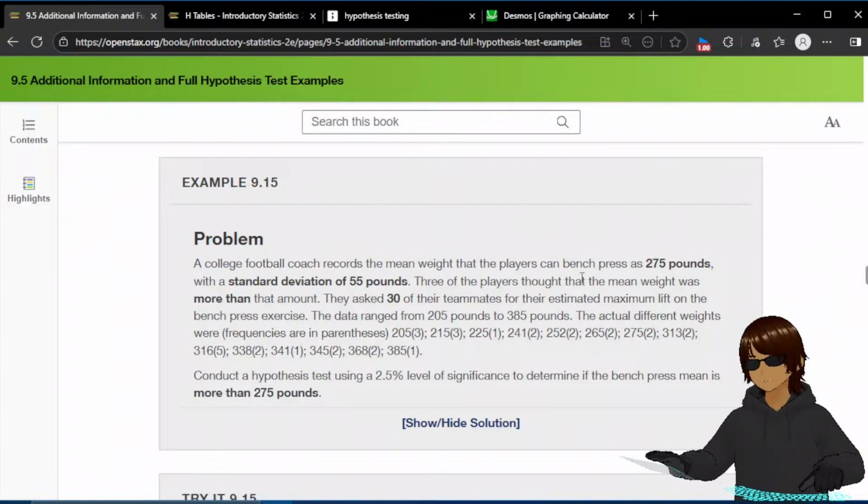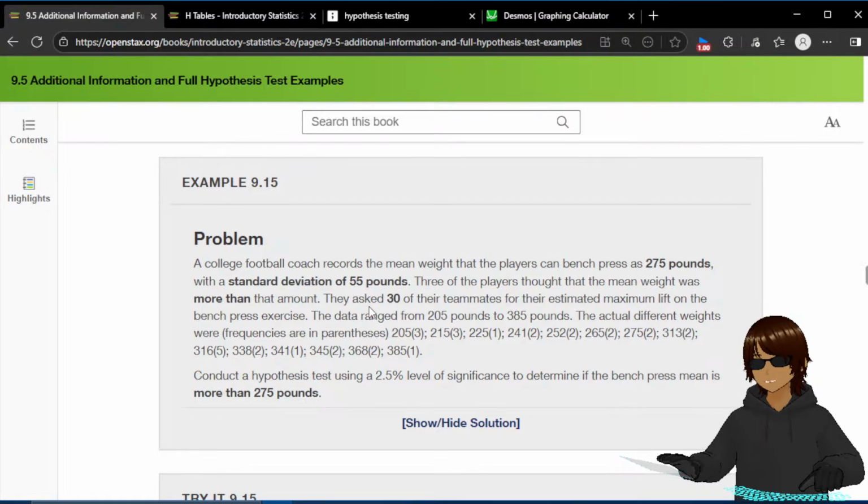Three of the players thought that the mean weight was more than that amount. More than what amount? The mean weight the players can bench press, 275 pounds. Then the mean weight is actually more than 275.